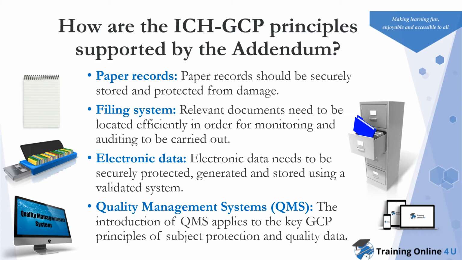Thirdly, electronic data. Electronic data needs to be securely protected, generated and stored using a validated system. Fourthly, quality management systems. The introduction of QMS applies to the key GCP principles of subject protection and quality data.